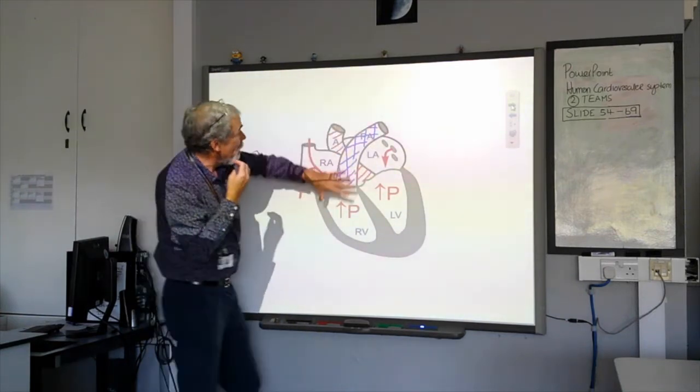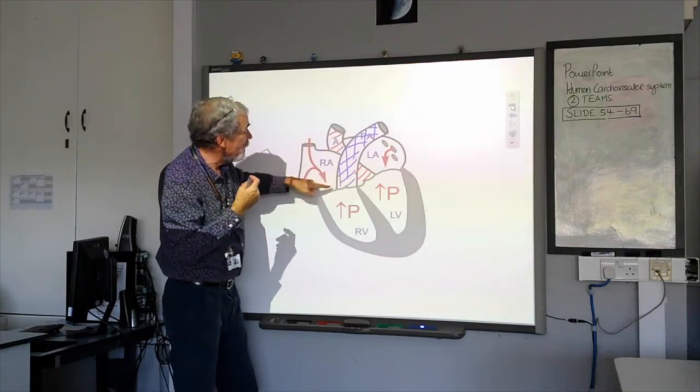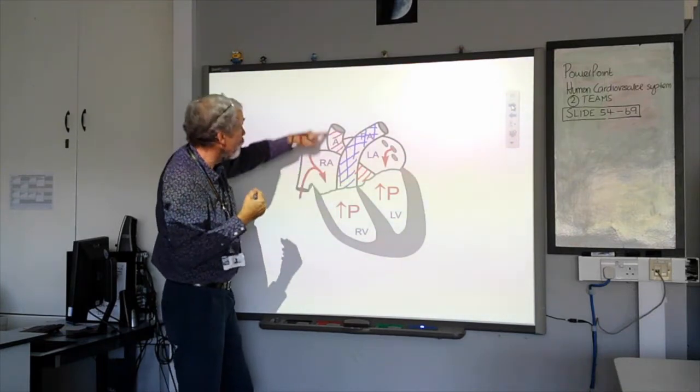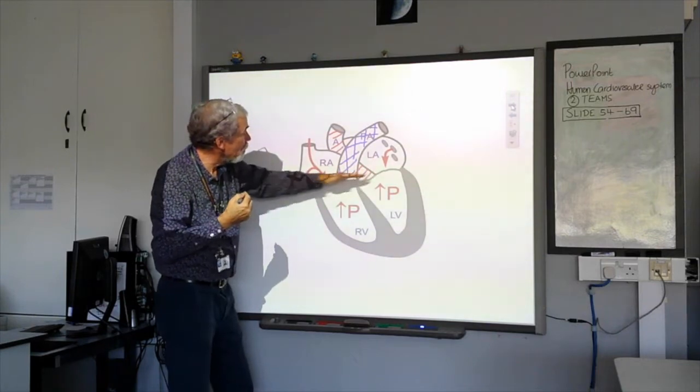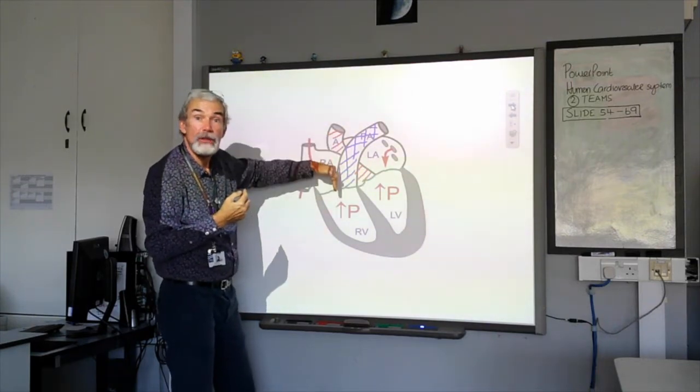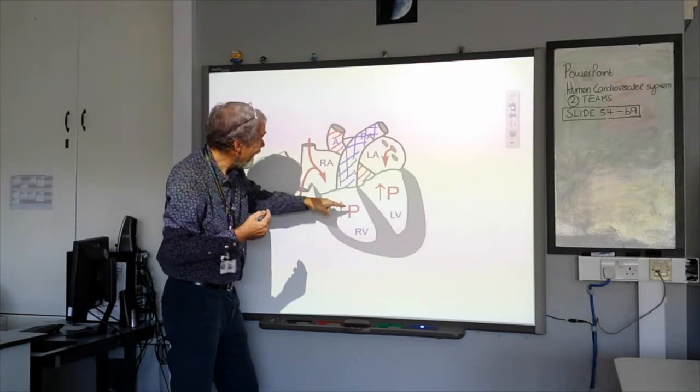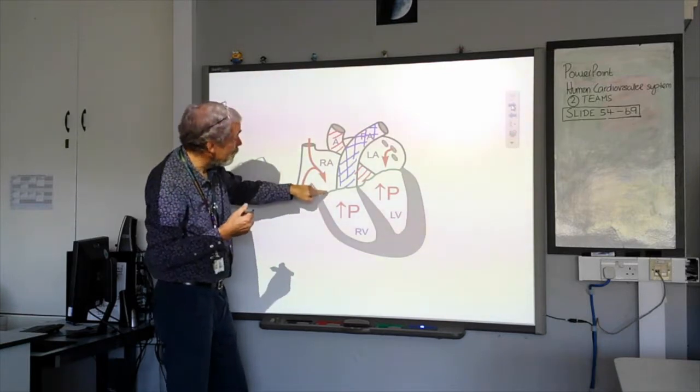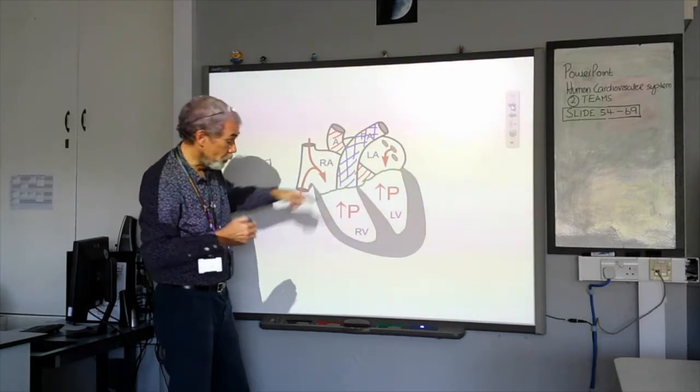So these basically are weighing down on this valve. There is a weight of blood weighing down on these semilunar valves, holding them closed. The pressure in here has forced these valves, the AV valves, closed.